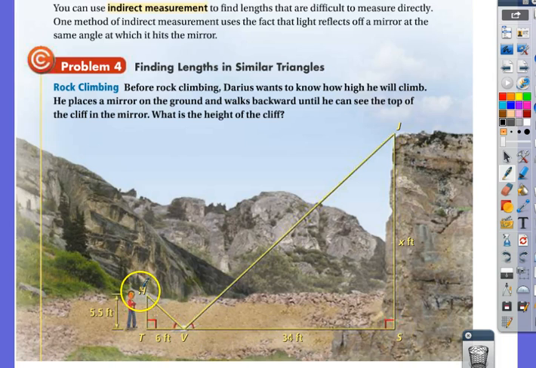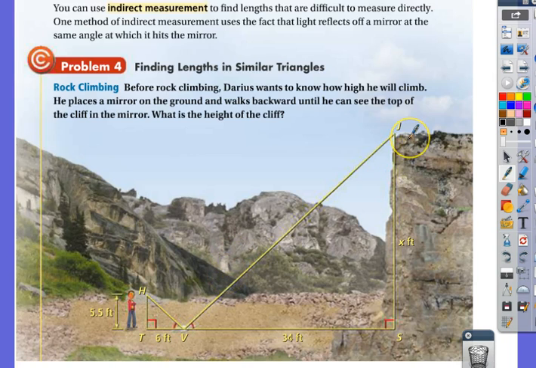And if you study physics, you'll notice that light always bounces off and forms congruent angles with the ground. So I would put the mirror on the ground, look into the mirror, and back up until I saw the top of the cliff face. And that's what would give me this situation.